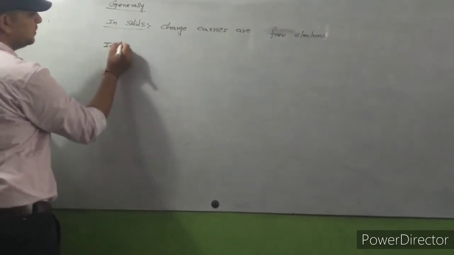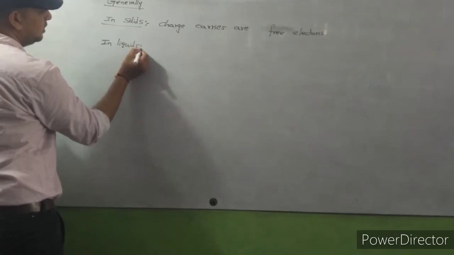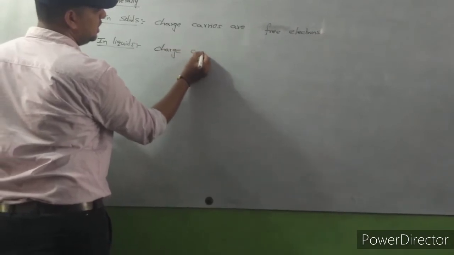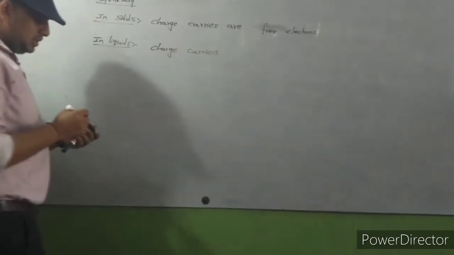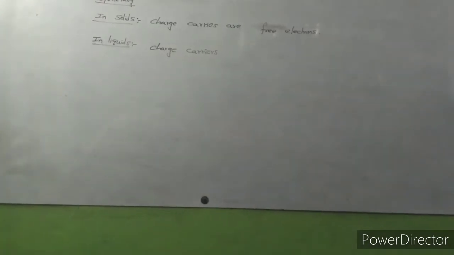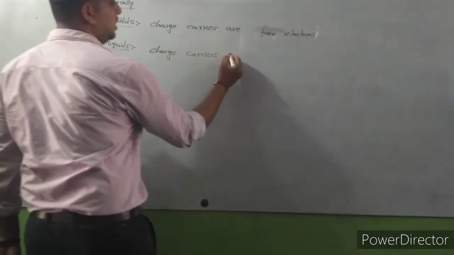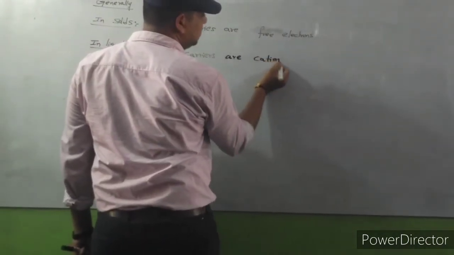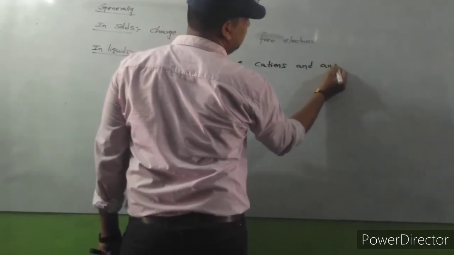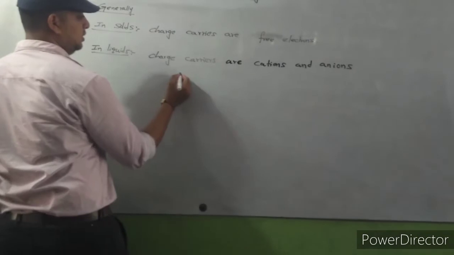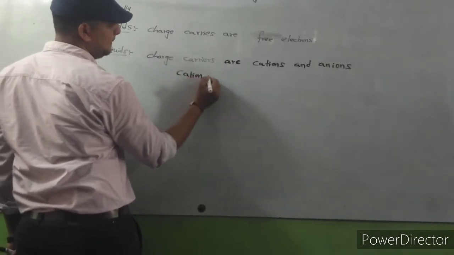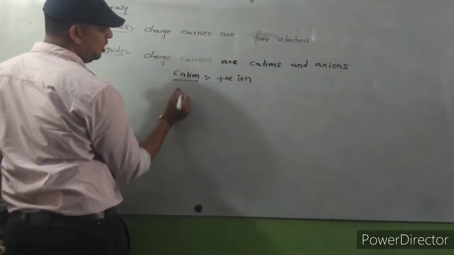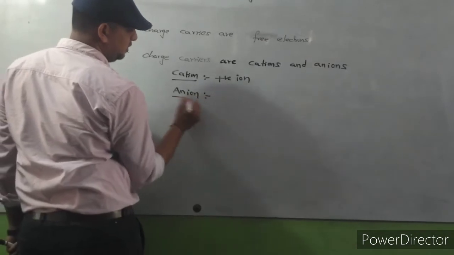In liquids, charge carriers are cations and anions. Cation is nothing but positive ion. Anion is nothing but negative ion.